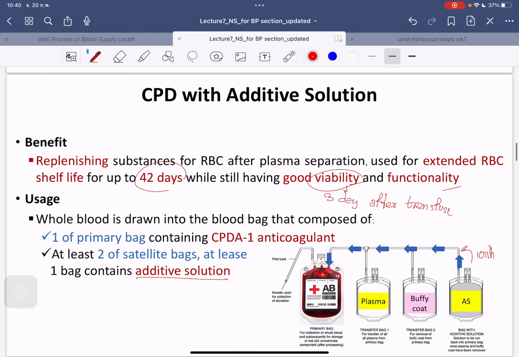Do you think it is possible? It's possible, so actually it should be, right? But if you add additive solution to the whole blood first, it means your plasma will have additive solution too, and it will dilute the proteins or other things that you want in the plasma. That is an unwanted condition.